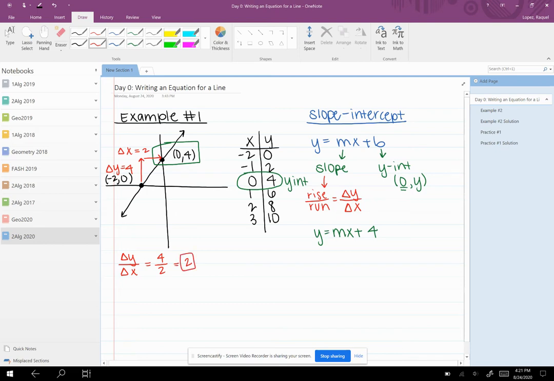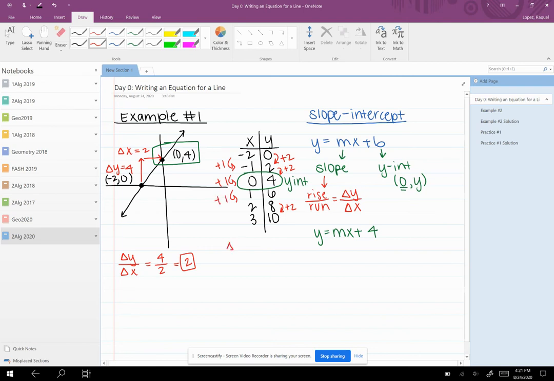And I can get that from my table as well. So if I'm looking at the y values, if I go from 0 to 2, I go up 2, and if I keep going down that table, I'm going up 2 every time, so that's consistent. And if I look at my x column, I'm going up 1, up 1, up 1.